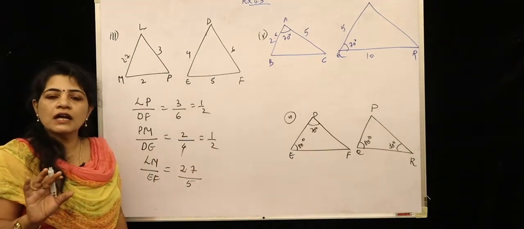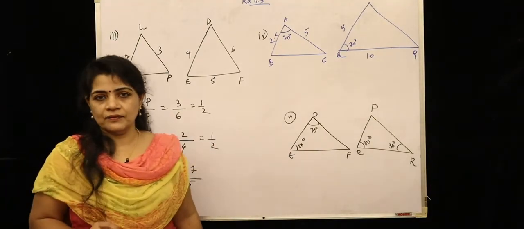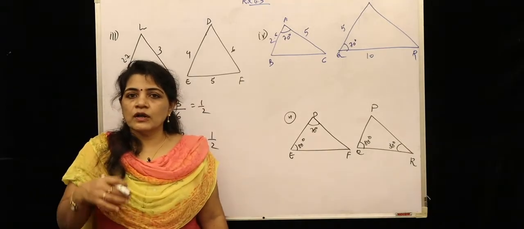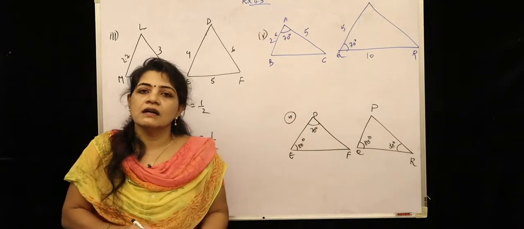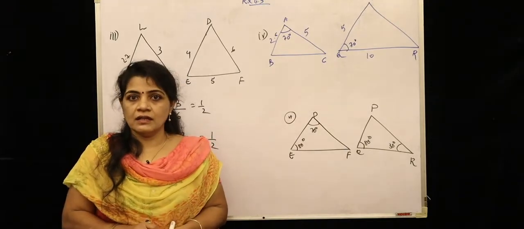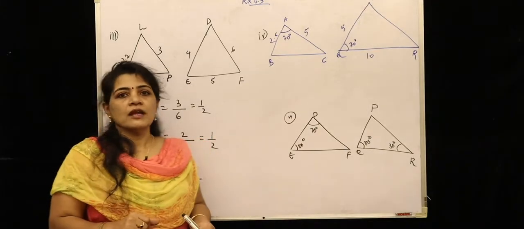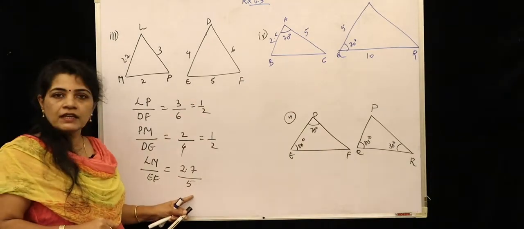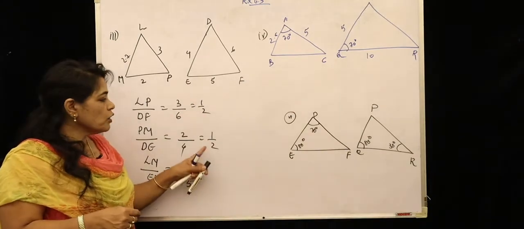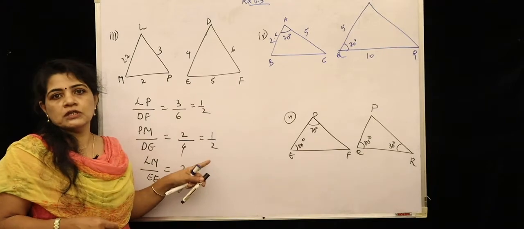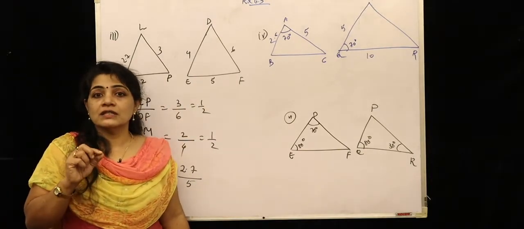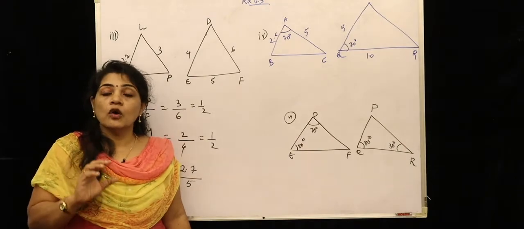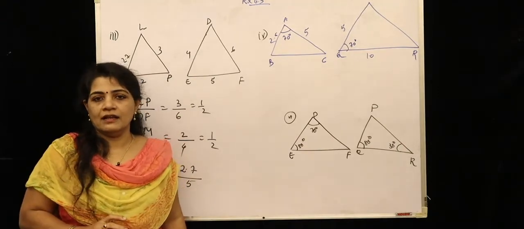That means these two triangles are not similar. Understood? In order to become similar triangles, all the three sides must be proportional. The ratios must be the same. But here 2.7 divided by 5 is not equal to the other two ratios, which implies they are not similar. Why? Because the sides are not proportional.